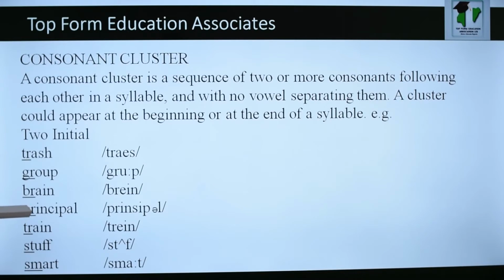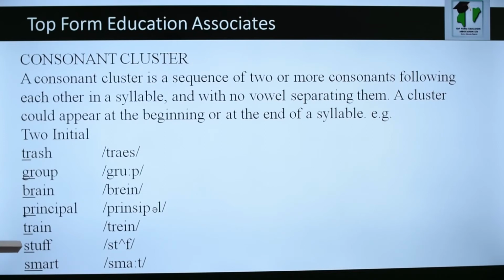Then we have principal. We have p, r, i, n, s, i, p, l. And the consonant cluster which we want to get is the what? P and r. There's a cluster here, initial consonant cluster. That's what we are on now.